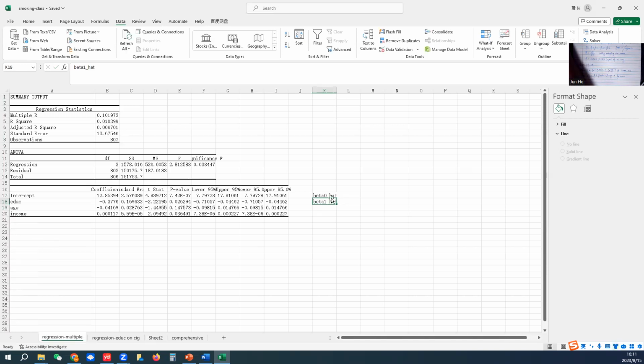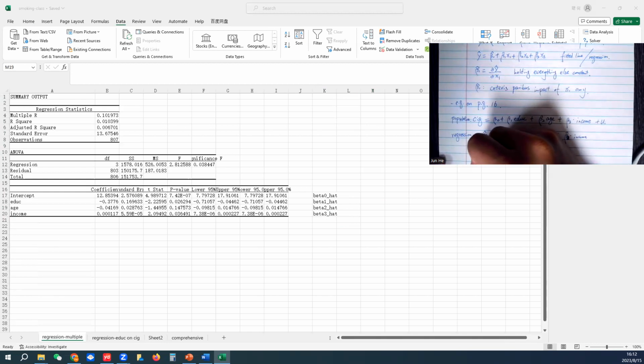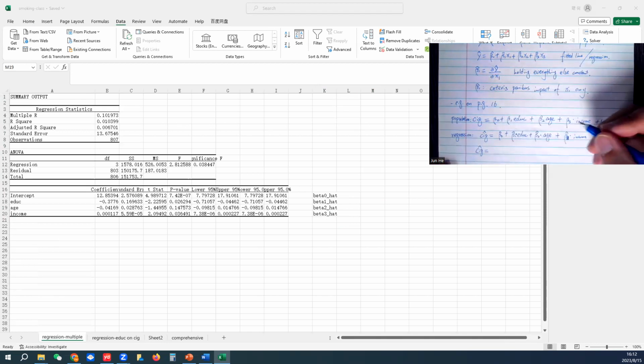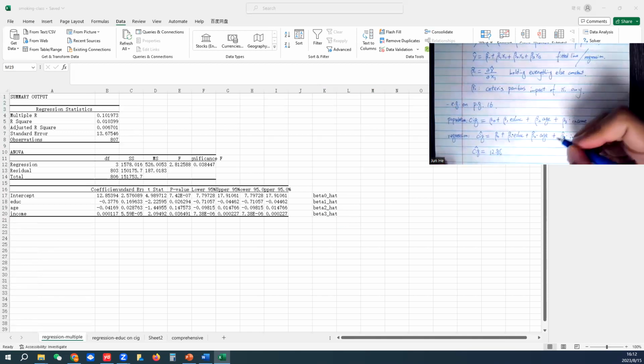and age is beta 2 hat, and income is beta 3 hat. Okay, then as you're reporting this in the context, you just need to replace those numbers. So you have cigarette consumption equals 12.85.